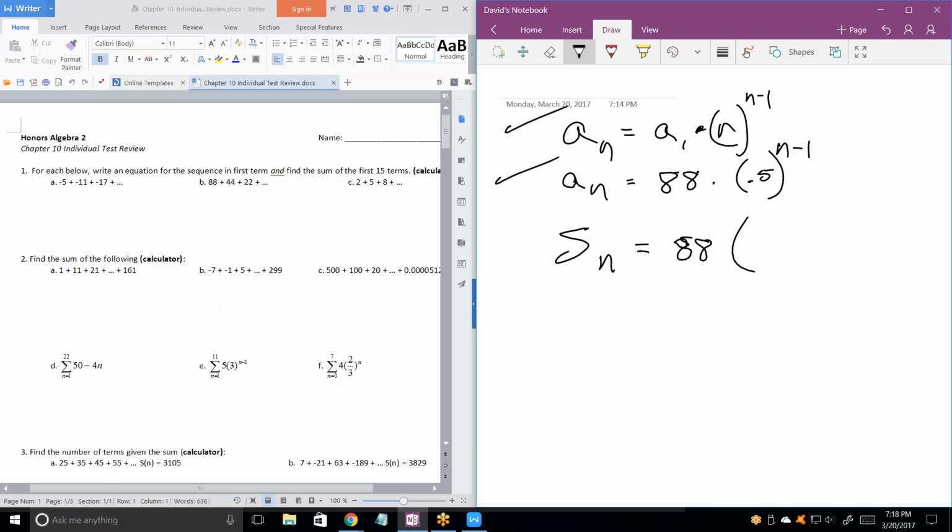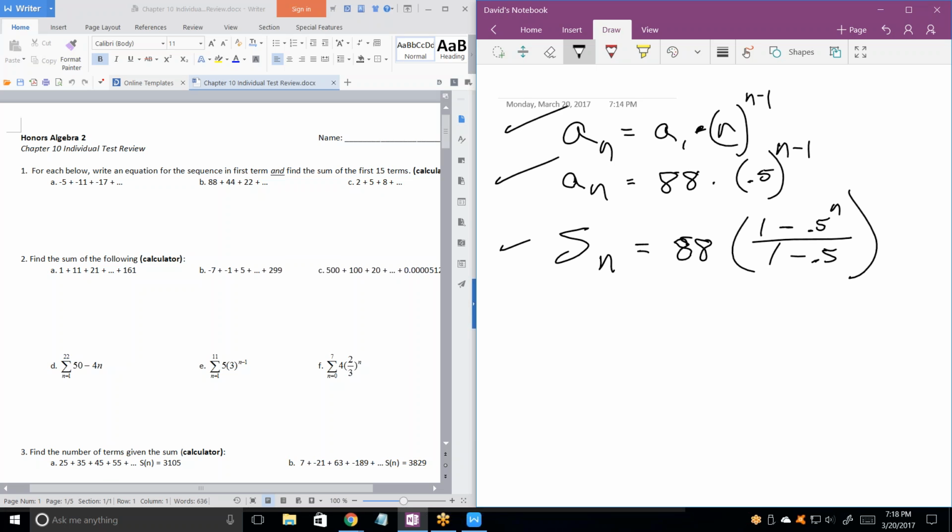Let's come up with the general first. In other words, it's 1 minus 0.5 to the n divided by 1 minus 0.5, right? If I use this as specific, now I have the specific equation of the sequence, and I have the specific equation of the sum of the first n terms.